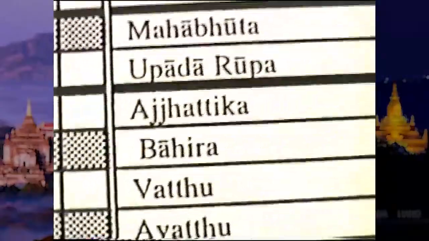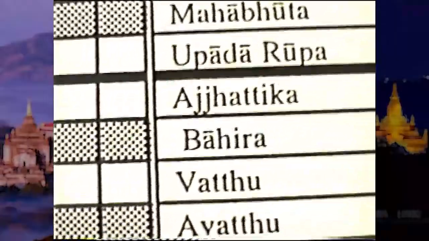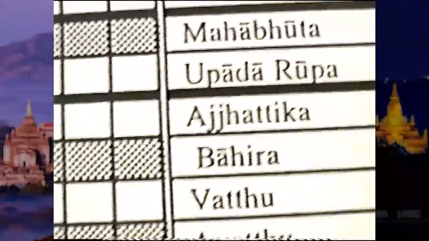Chakhu, sota, ghana, jihva, kaya. And the others are bahira. Ajatika means internal, bahira means external. And then vatu. Vatu means chakhu, sota, ghana, jihva, kaya, and hadaya, heart. And the others are avatu or non-vatu, non-base.